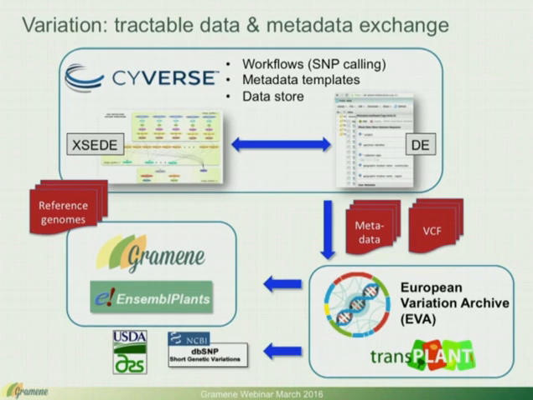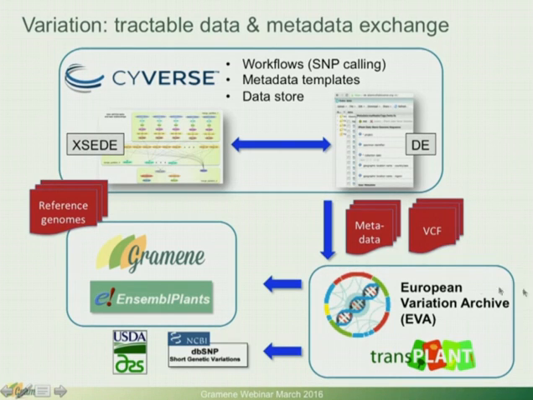The way we obtain this data, on the top part, is work in progress with our collaborators at CyVerse, formerly iPlant, where they are going to facilitate submission of variation data to us and to other databases as well.